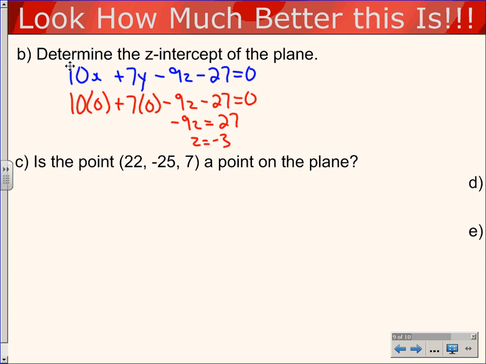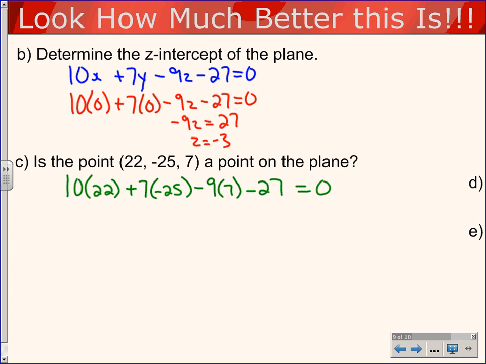So if we just plug that into the calculator, 10 times 22, 7 times minus 25, I think I get minus 245, which doesn't equal 0, and therefore our conclusion is not on the plane. It's a little bit easier, right? It's a heck of a lot easier than doing all the stuff we did the other day with the vector equation.